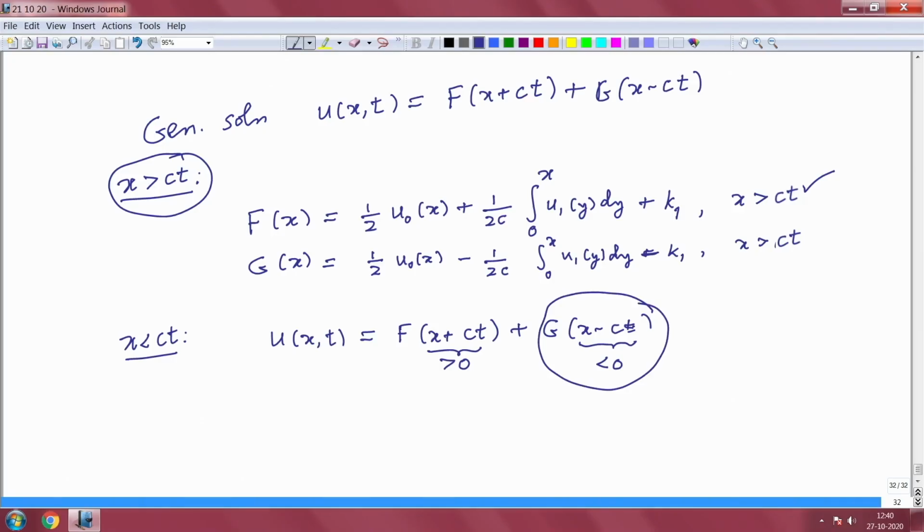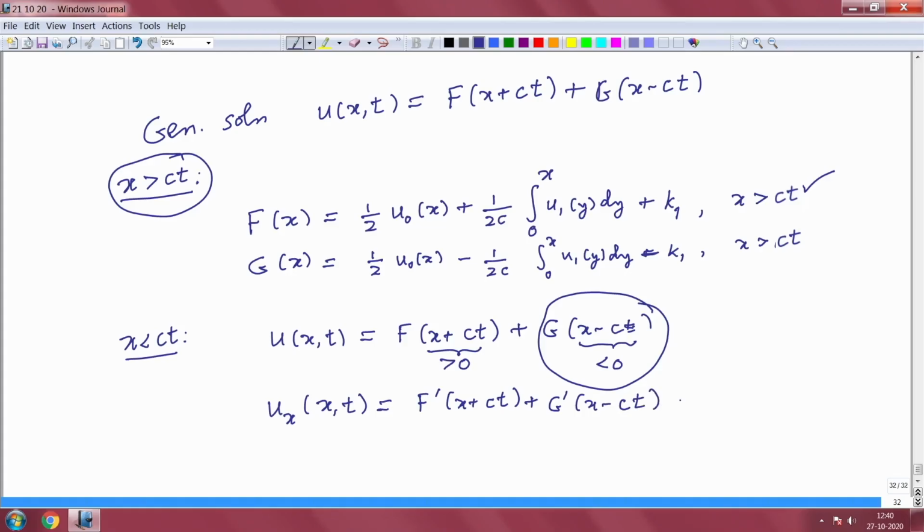So, here we have to do a little more work, but we are given u_x, not u. So, let us calculate u_x from this, at a general point. So, this is f prime of x plus c t plus g prime of x minus c t.